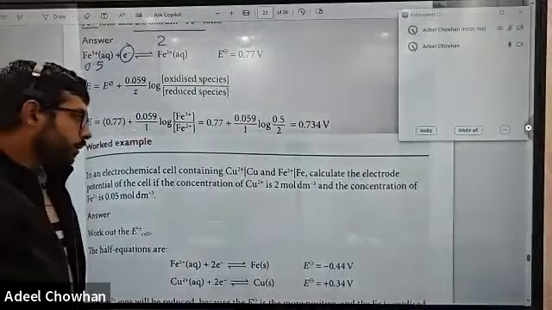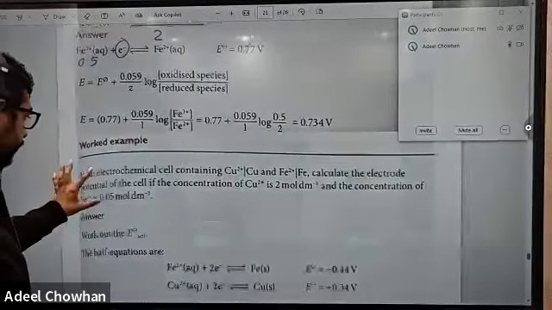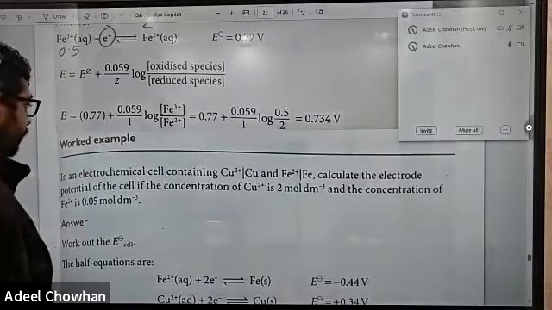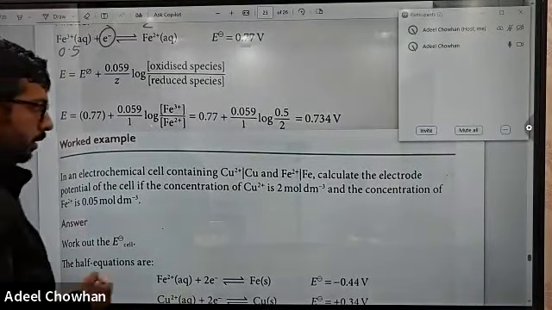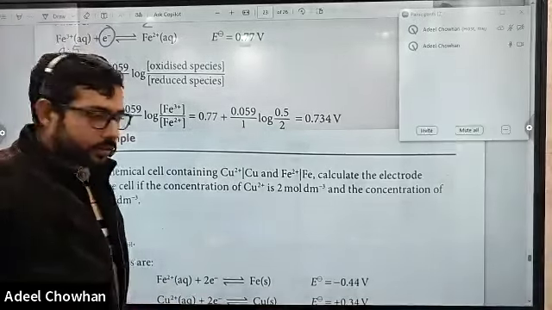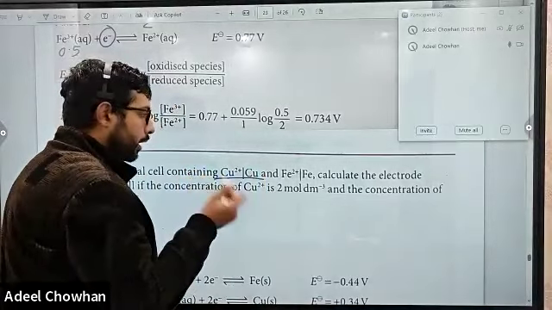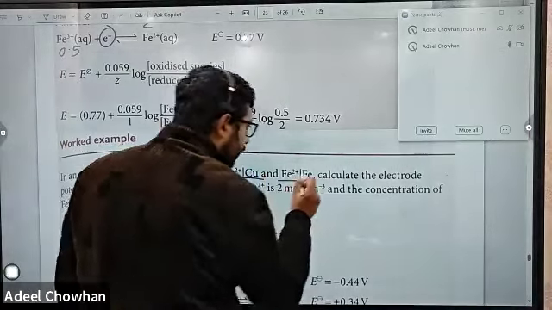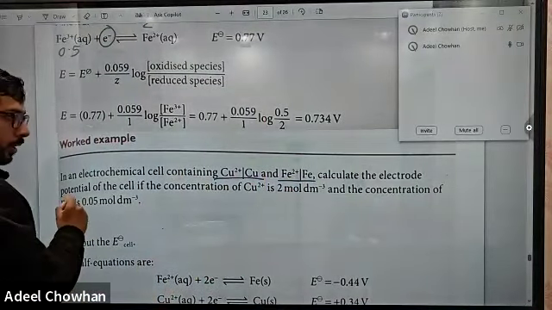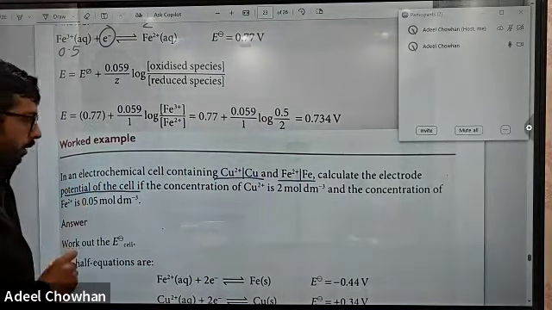If the concentration of copper 2 ions is 2 mole per dm cube and the concentration of iron 3 ions is 0.005 mole per dm cube. Now here you have two different elements with their two different states. We have copper 2 plus to copper element and iron 2 plus to iron element. And we are supposed to find the electrode potential of the cell.